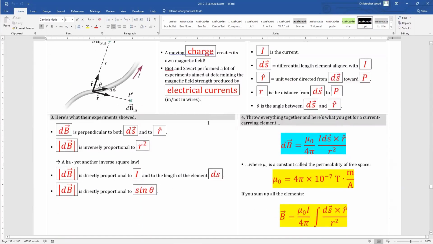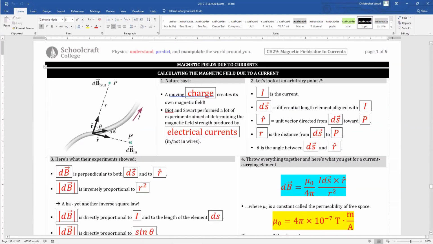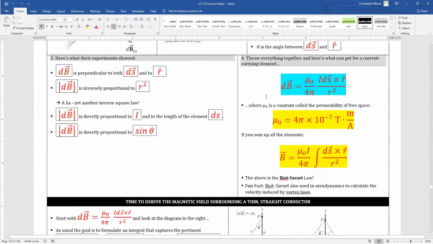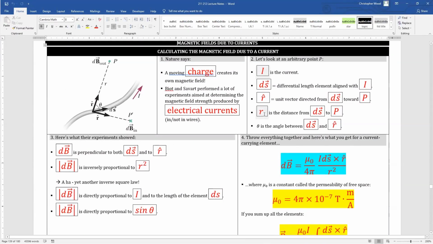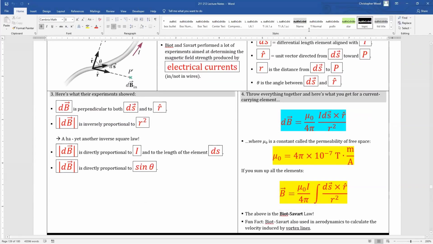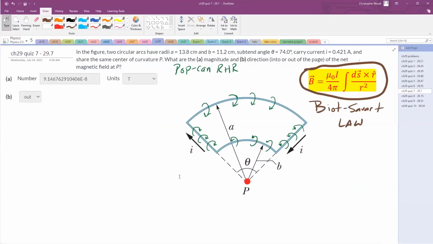It starts off with the Biot-Savart law, and there's no derivation here. It's empirical, meaning that Biot and Savart did a whole bunch of experiments and coughed up this expression. I'm glossing over these boxes because you have access to the lecture video and the lecture notes. However, I'm still going to reinforce some stuff.